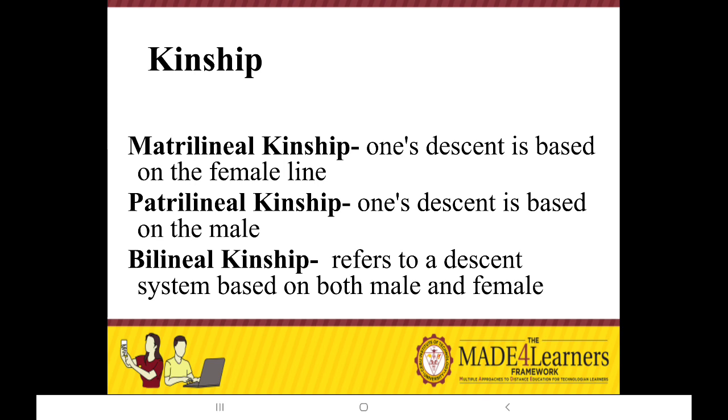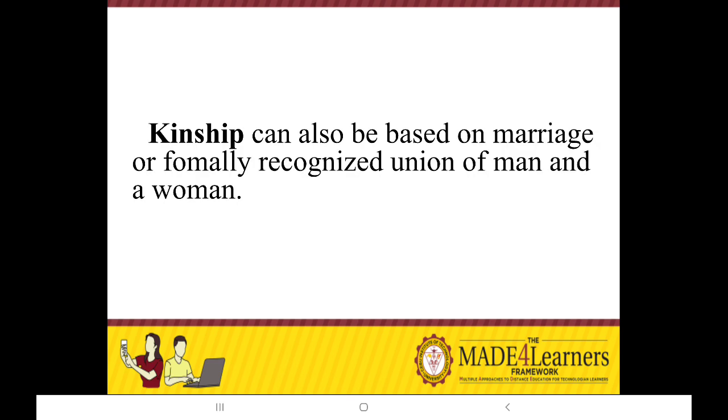Patrilineal kinship, on the contrary, means that one's descent is based on the male line. Bilineal kinship refers to a descent system based on both the male and female lines. Kinship ties can also be based on marriage or formally recognized union of a man and a woman.